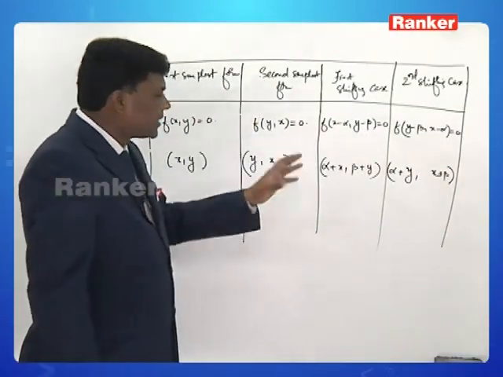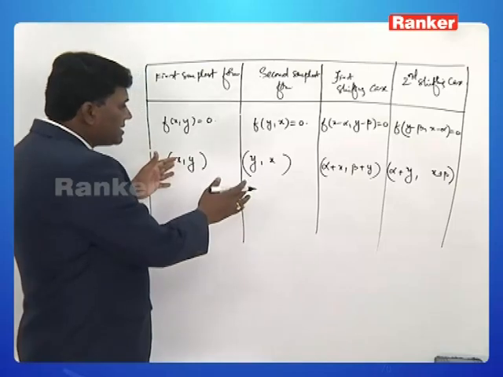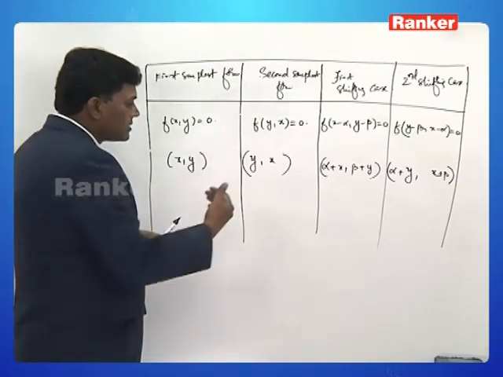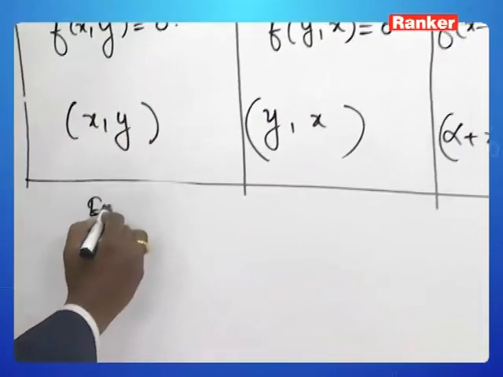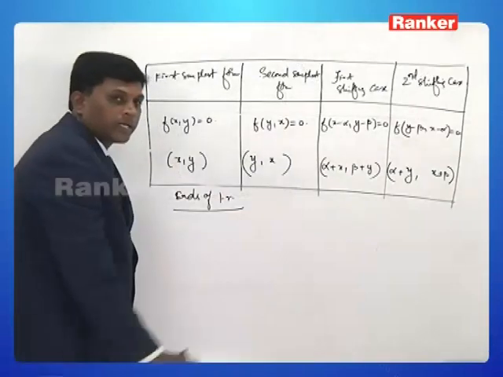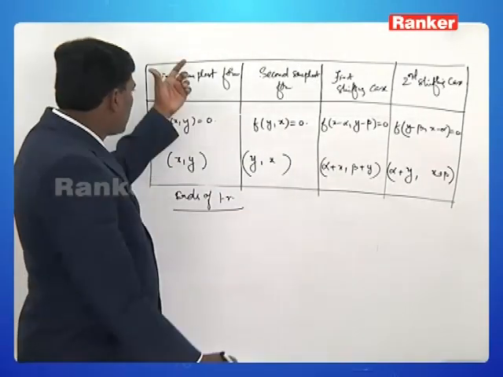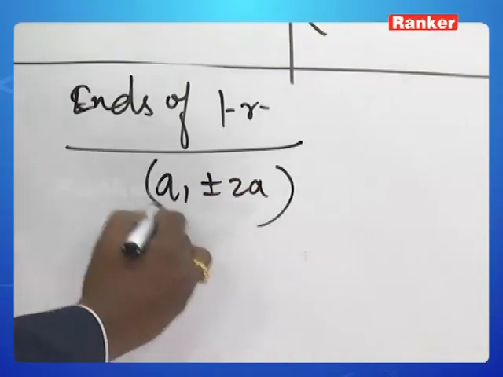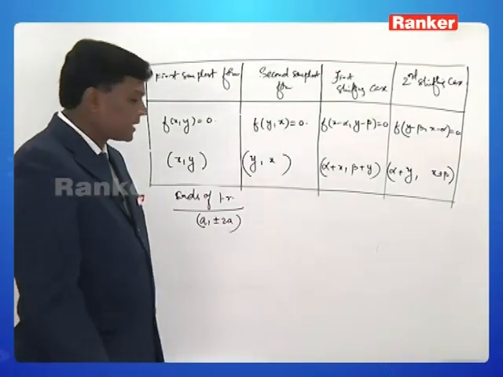Now, how do we use this effectively? Just by taking one simple example. For example, the ends of the latus rectum, if we are analyzing. As we know already, I told you to focus only on the first simplest form: a, plus or minus 2a.